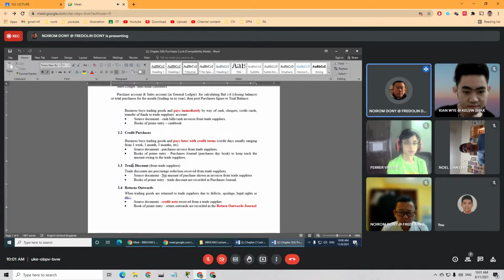It is shown in the invoice received from the trade supplier. And what would be the book of prime entry for trade discount? Trade discount will be recorded in the purchases journal. Actually, we don't record trade discount, but for transparency and accountability purposes, we have to show it in the general journal.